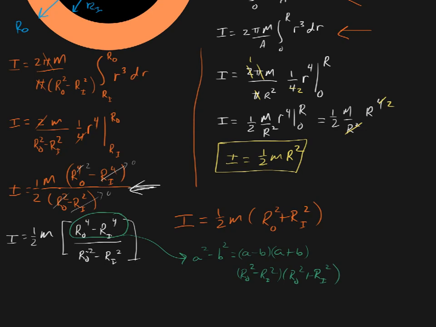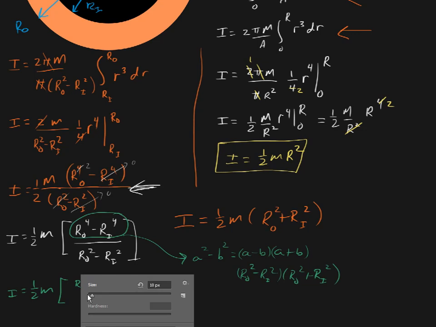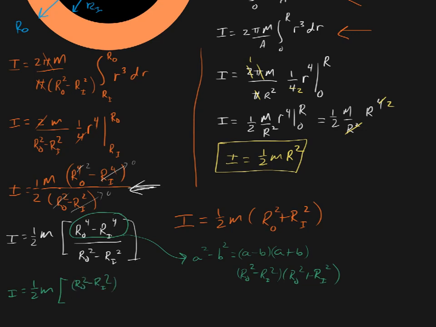And now if we were to place that in the numerator, so we have I is equal to 1/2 m times r outer squared minus r inner squared times r outer squared plus r inner squared. And then we divide that by r outer squared minus r inner squared. Then what we end up with is the r outer squared minus r inner squared cancel.